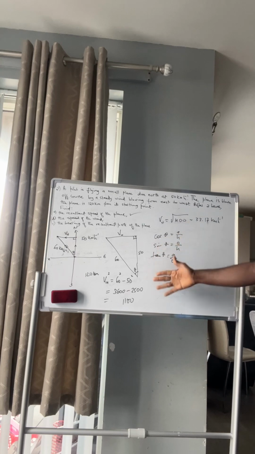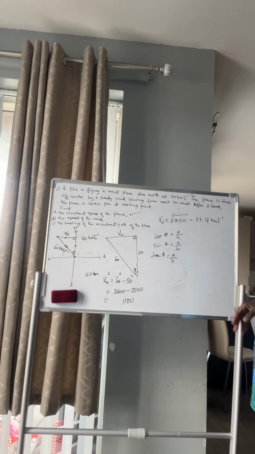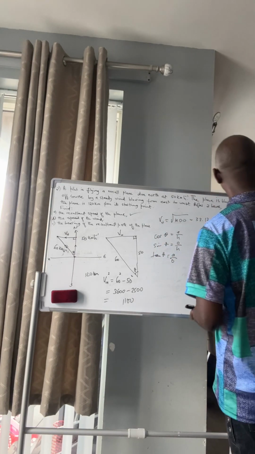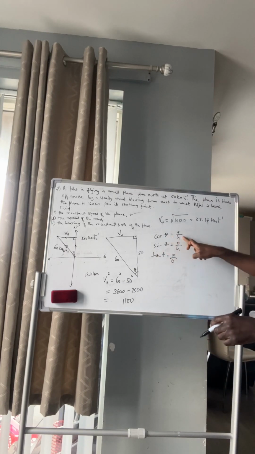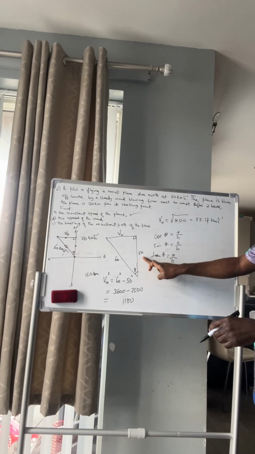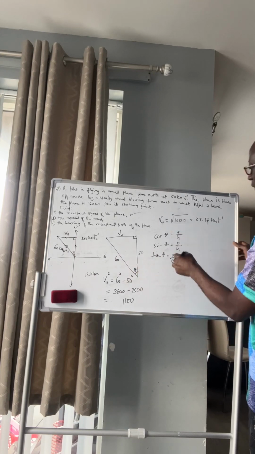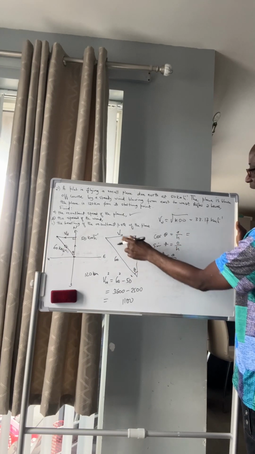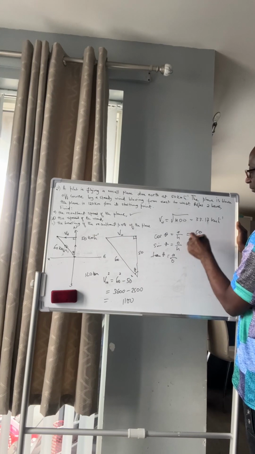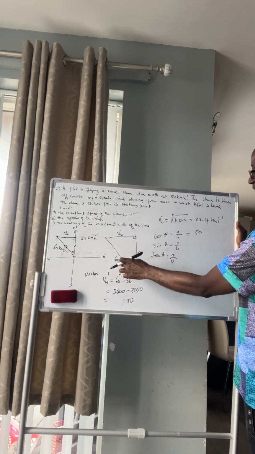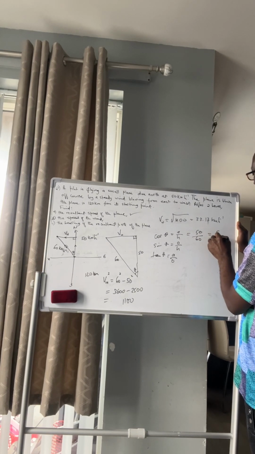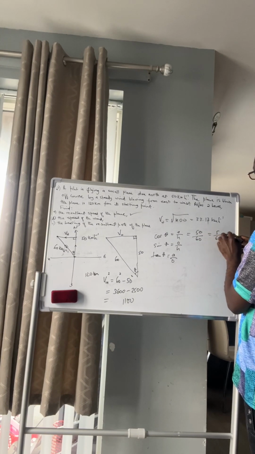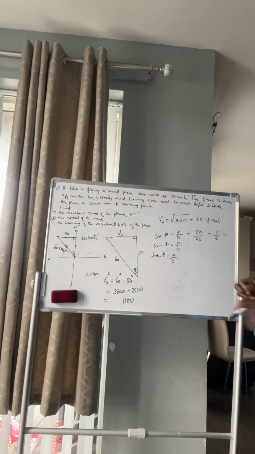You should be able to memorize these, or use the wonderful slogan SOHCAHTOA. We use this one because it gives us the adjacent and the hypotenuse. So cos of theta equals the adjacent, which is 50, divided by the hypotenuse, which is 60. So that is 5 all over 6.